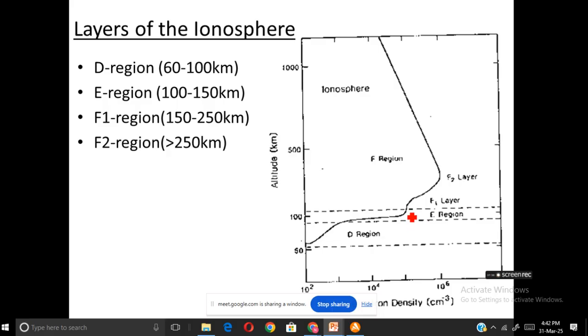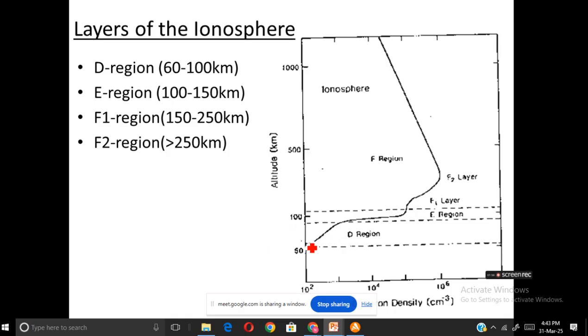Whenever there is an inflection or turnover in the electron concentration, it is classified as a particular layer. This profile is drawn based on the number of electrons produced in each layer, and the inflection or turnover point is defined as each layer.